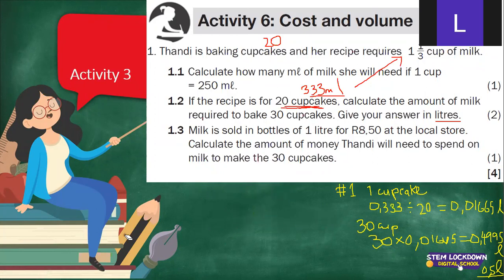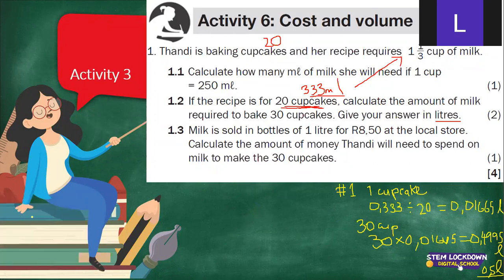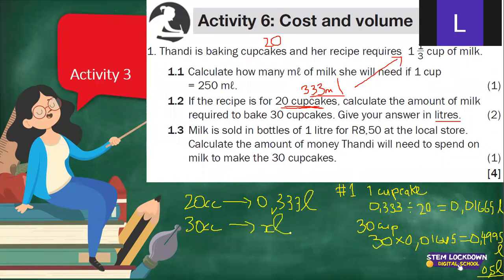You could have said 20 cupcakes require 0.333 liters, and then for 30 cupcakes, how many liters? X liters, right? And then you cross multiply.